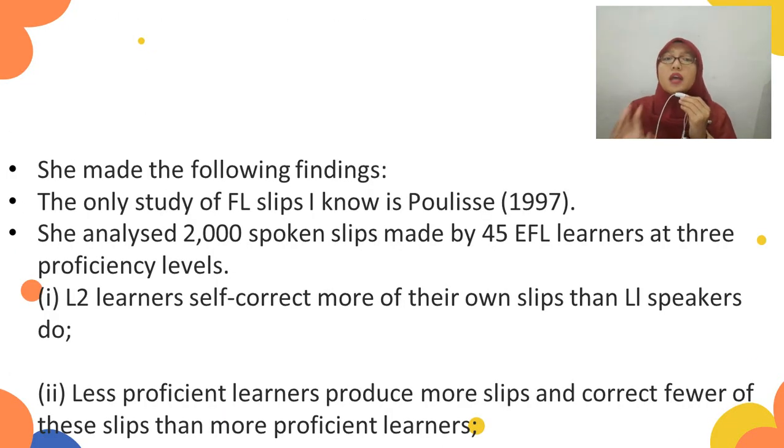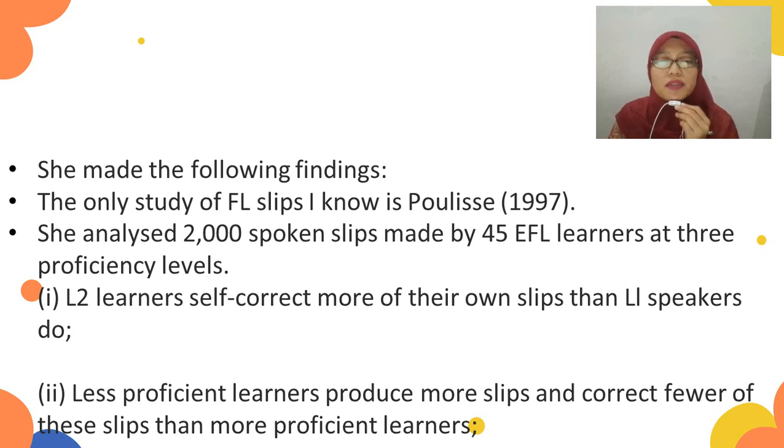She made the following findings. First, the only study of foreign language slips I know is Poulisse, 1997. She analyzed 2,000 spoken slips made by 45 English foreign language learners at 3 proficiency levels. First, L2 learners self-correct more of their own slips than L1 speakers do.